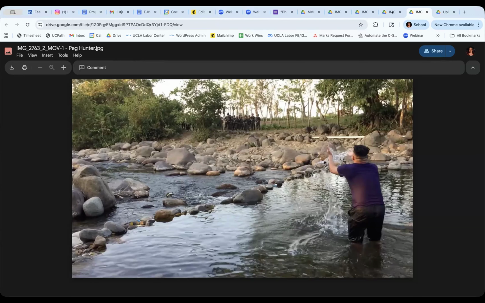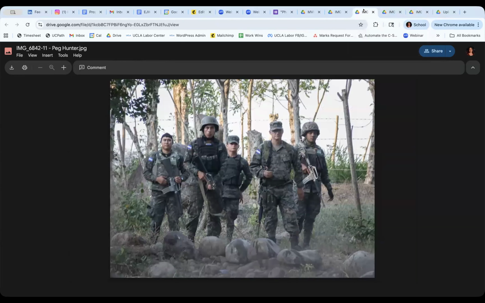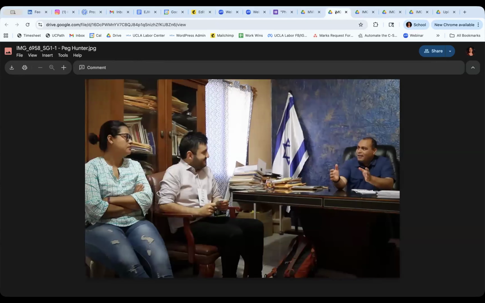If you can go one more, that one. This is a close-up of the army that was paid for by the U.S. It's trained and funded as a counterinsurgency by the U.S., part of security forces. And next one. This is our meeting with the governor of this district, responsible for the military.